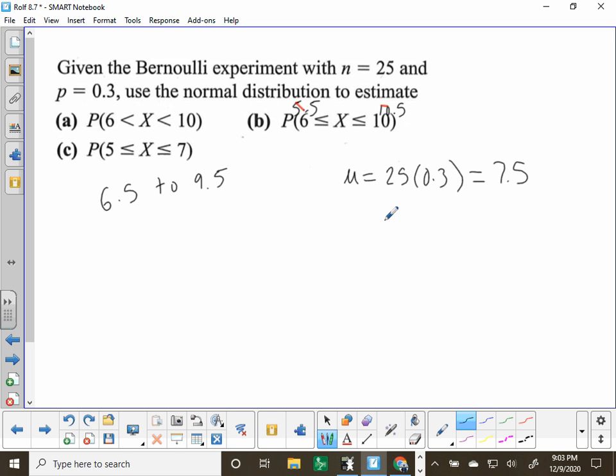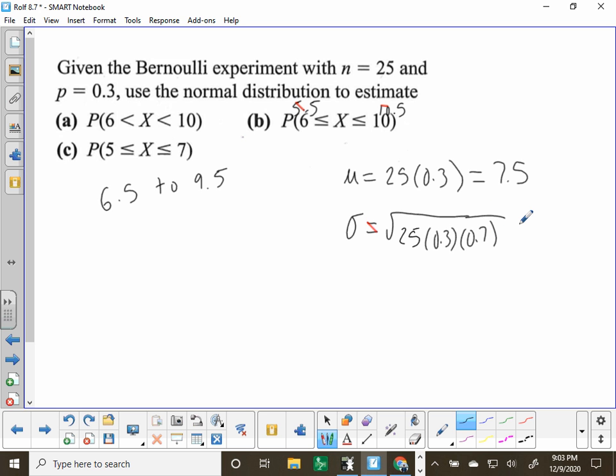All right, so here we go. Oh, I also need a standard deviation. So standard deviation is the square root of N, P, and Q. So it's going to be 25, and then P is 0.3, and then Q would be 0.7.